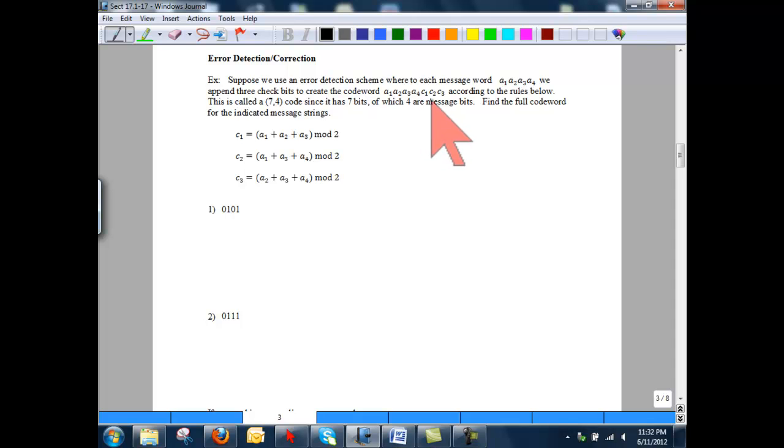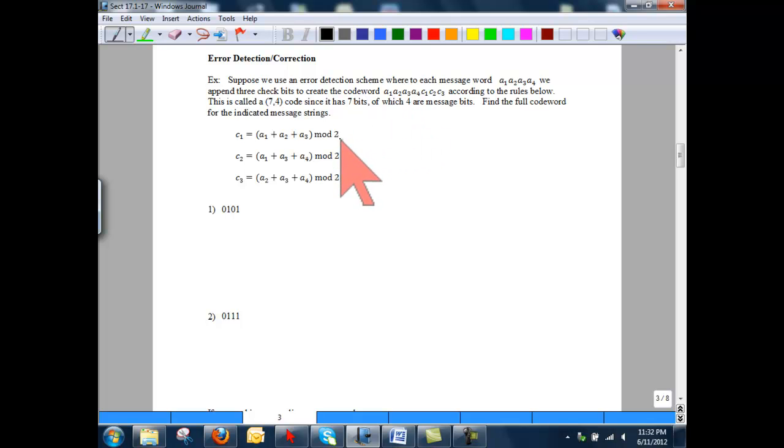And we'll use C's for those, so C1, C2, C3, etc. And then the actual code word consists of the message bits followed by the check bits. In the example here, I have 4 message bits and 3 check bits, and that's going to be called a 7-4 code. It has 7 bits total, and 4 of those bits are being used to transmit message.